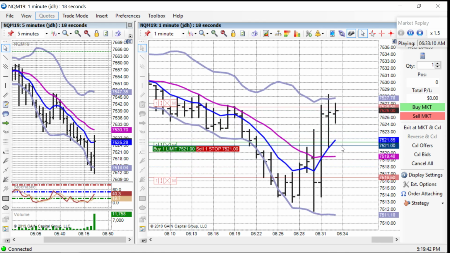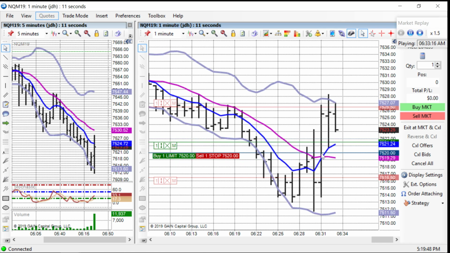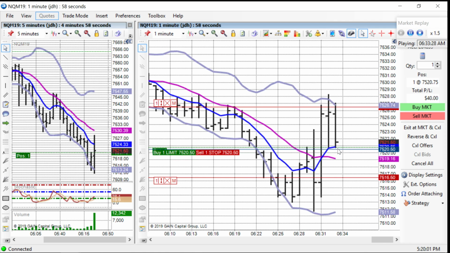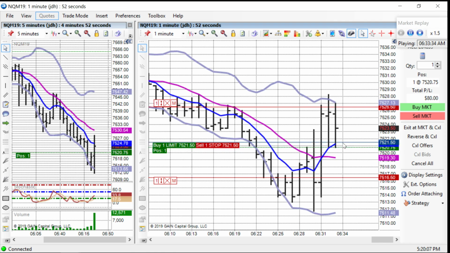Now I'm not entering on momentum, I'm entering the trade on reversal, but I'm relying on the 8 EMA angling outward. And so let's see if that gets me into the trade there. I'm actually in a long position very accurately to where that 8 EMA line is.